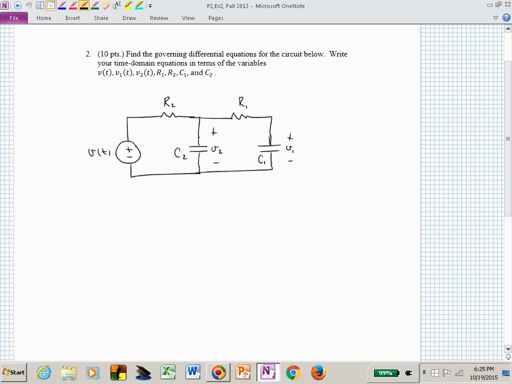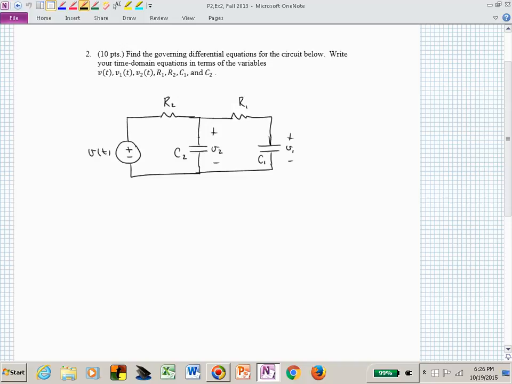Yes? The question was, if I wanted it in terms of just V1 or just V2, then would you want to do ladder? Probably if it's V1 and V, yes.